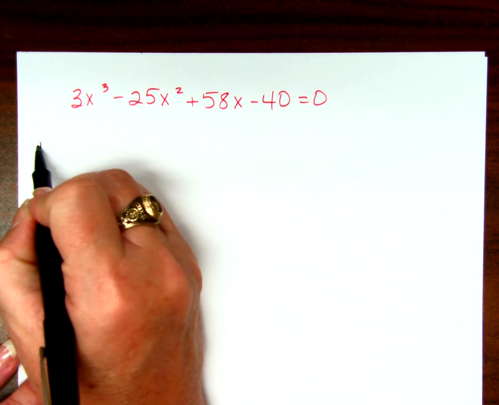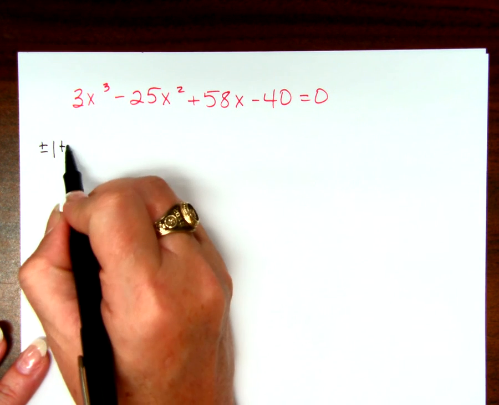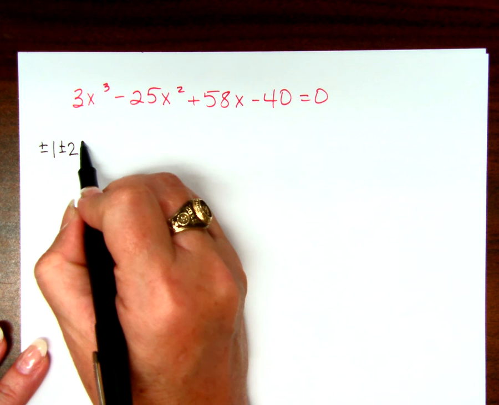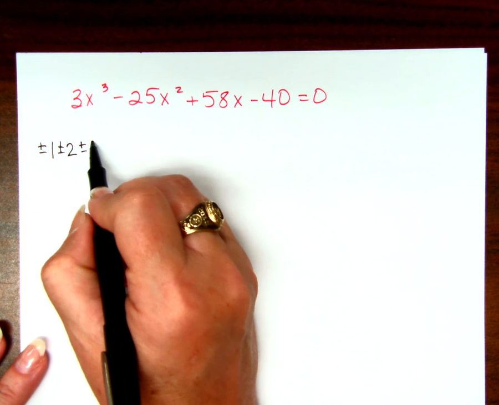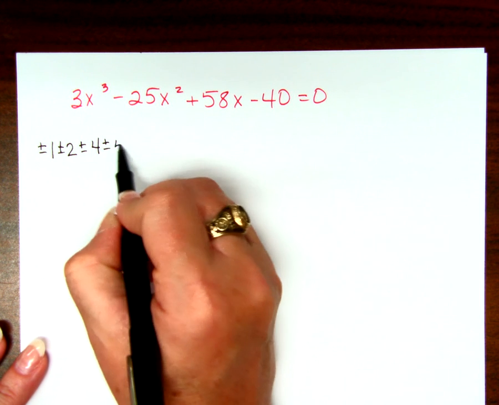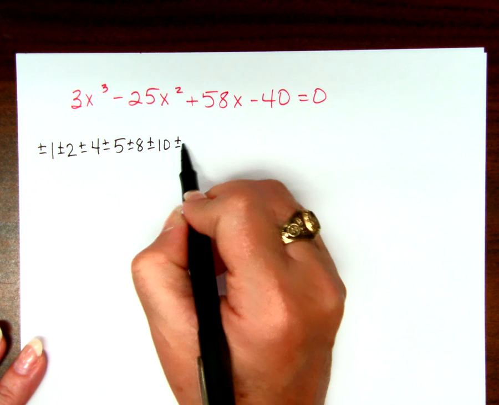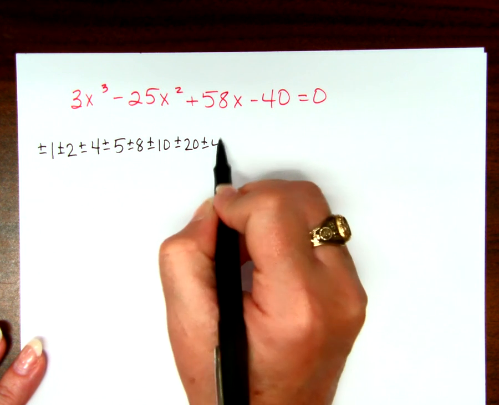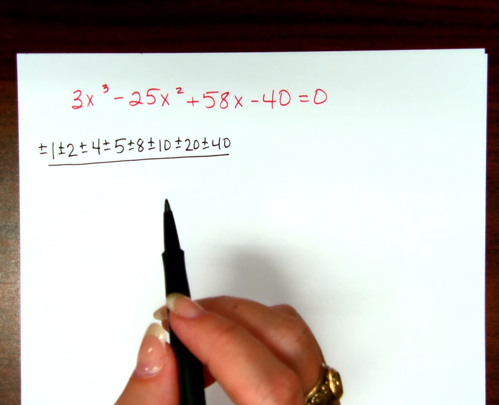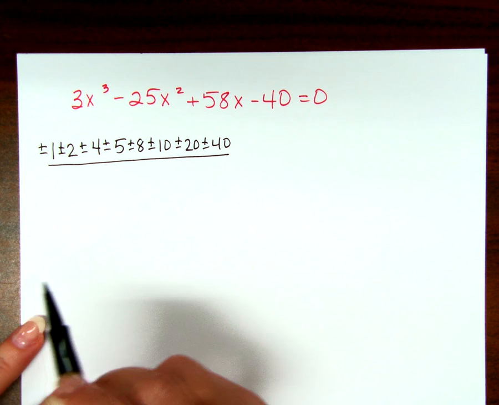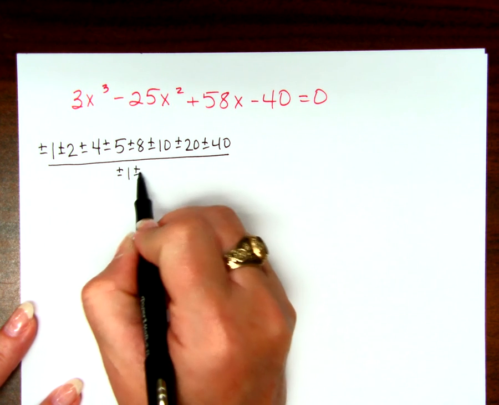What are all the factors of 40? 1 and 40, 2 and 20, 3, no, it doesn't work, 4 and 10, 5 and 8, so 10, 20, and 40, right? All divided by what? What are the factors of 3? 1 and 3.